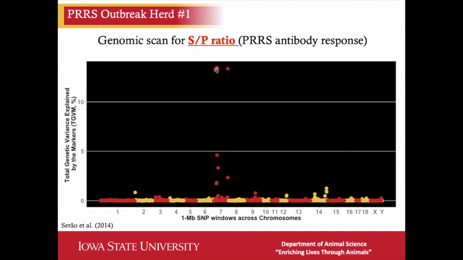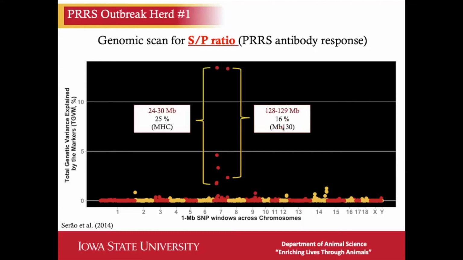So we found here two regions on chromosome 7. One explains 16% of the genetic variation of SP ratio, another one a quarter of it. So in total, about 40% of the genetic variability in SP ratio in these animals could be explained by two regions.